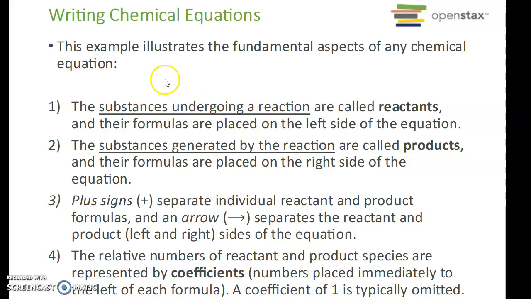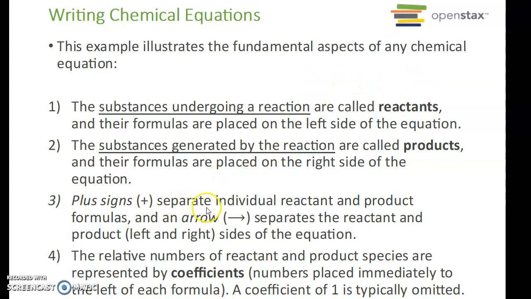So writing chemical equations, to illustrate the fundamental aspects, the following things need to be noted. The substances undergoing the reaction are called the reactants, and these are placed on the left side of the equation over here. Then there's going to be a little arrow, and then the substances generated by the reaction are called products, and their formulas are going to be over here on the right-hand side.